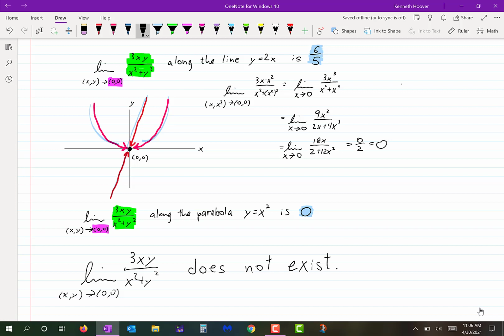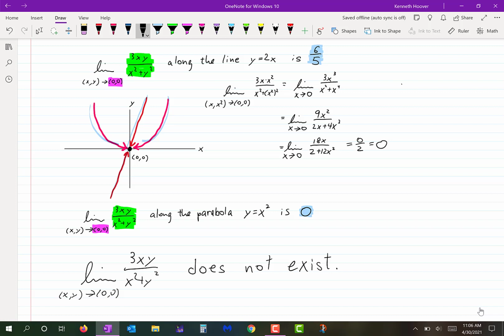Because we get conflicting values if you approach the origin from different directions. So, what I want you to get from this, and I said this earlier, is that calculating limits when the input has two variables can be very, very complicated. I'm only going to give you easy ones, okay? But they can be very complicated.